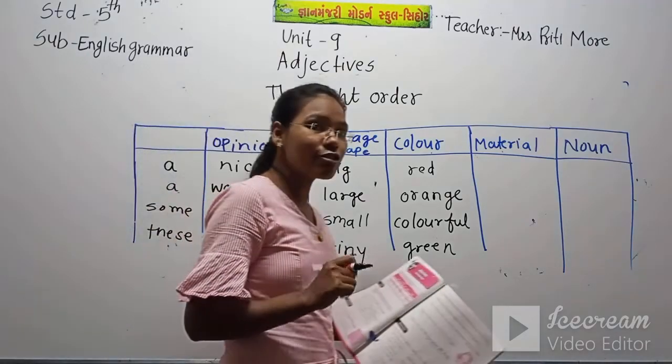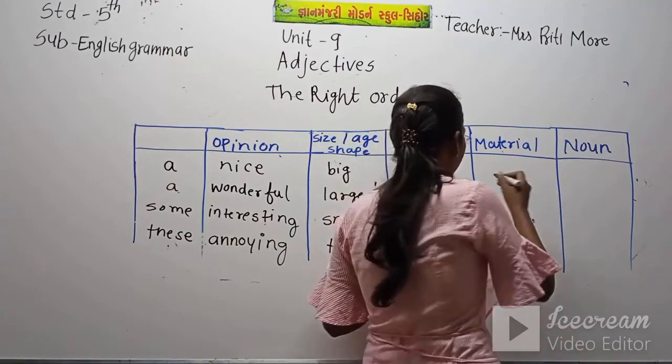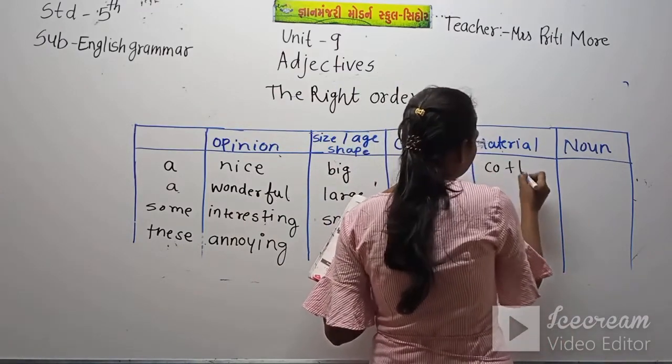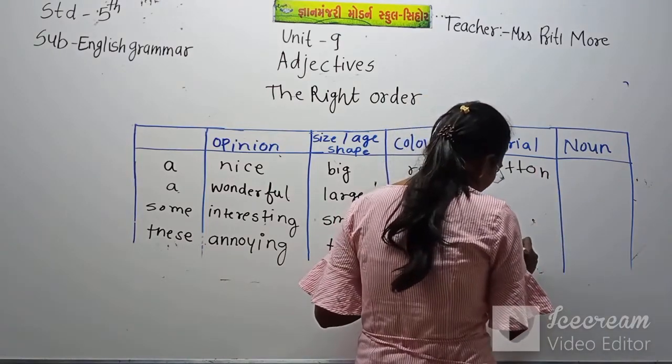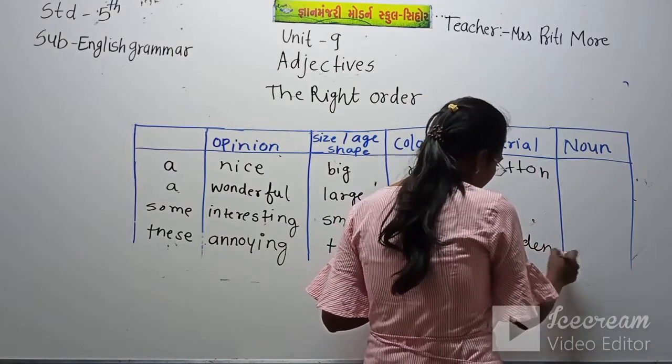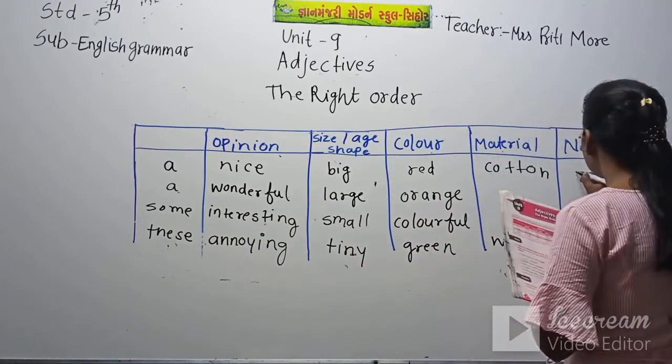If material is also there, then after color we write material, like cotton, wooden. And then the noun.